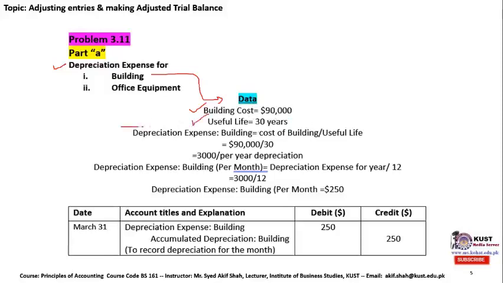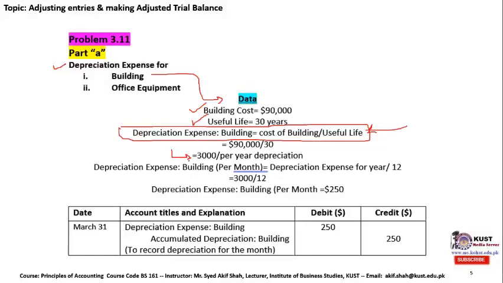The formula to calculate the depreciation is depreciation expense building is equal to the cost of the building divided by its useful life. So as we know that the cost of the building is 90,000 and the useful life is 30 years, therefore this company is depreciating $3,000 per year.